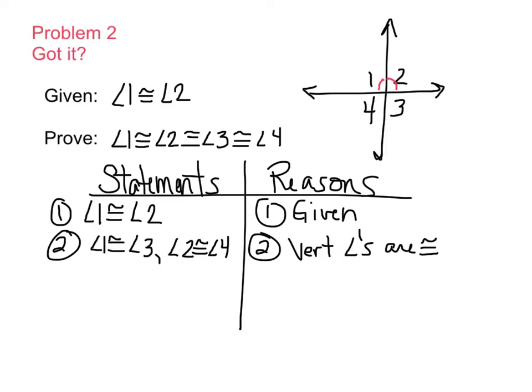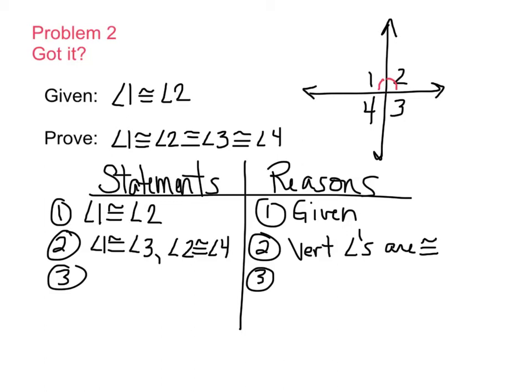You could also say vertical angles theorem, but I would like you just to start using that vertical angles are congruent. That's what you know. Vertical angles are congruent. So, we have now proven that angle 1 and angle 3 and angle 2 and angle 4 are congruent to each other.